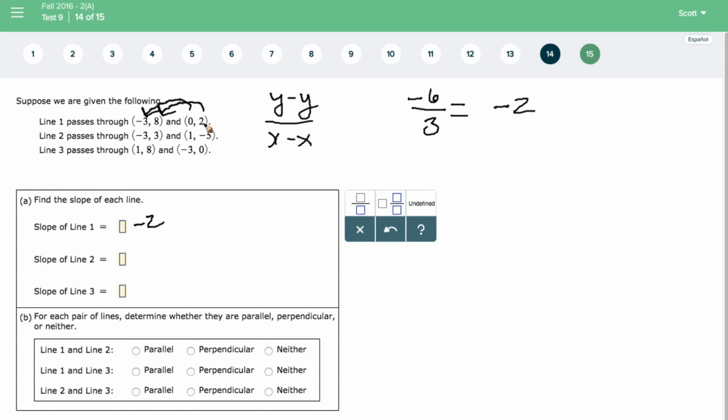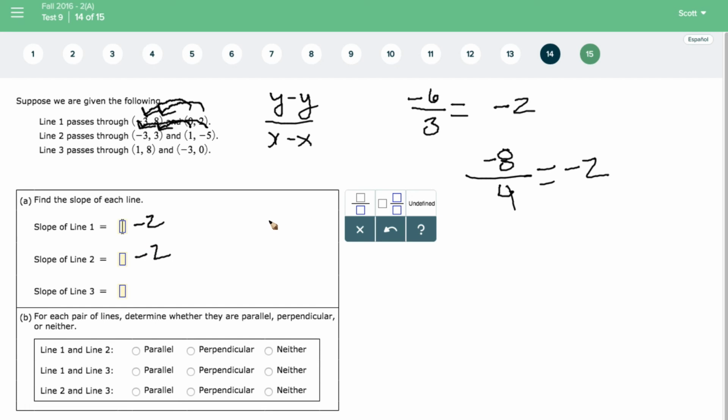Always simplify as much as possible. Y minus y, that's negative 5 minus 3 is negative 8. 1 minus a negative 3 is 1 plus 3. Minus negative is plus, so plus 3 is 4. Negative 8 divided by 4 is negative 2.